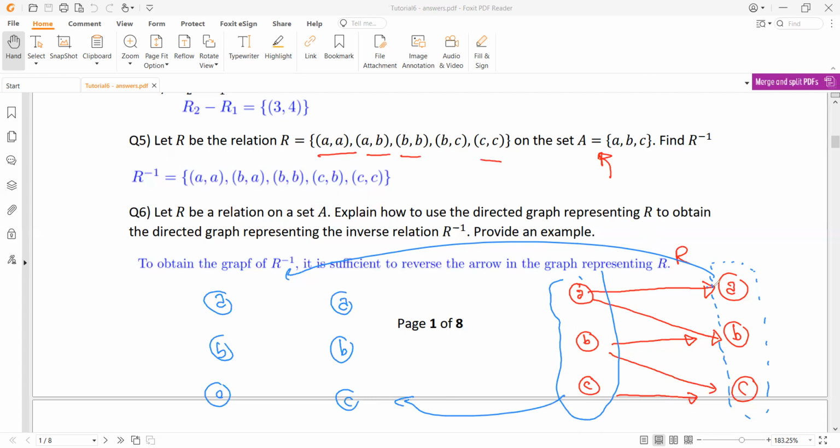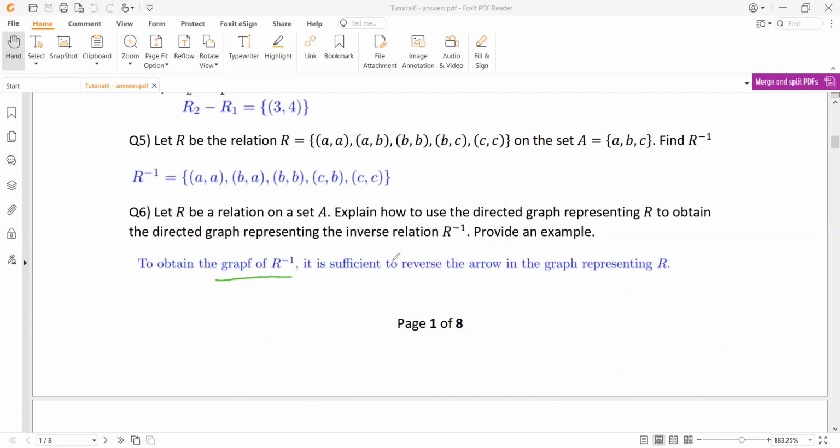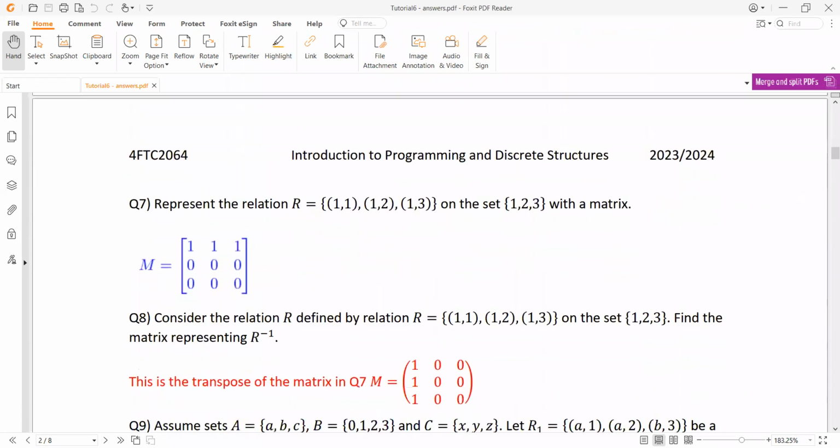So I'm going to draw an opposite arrow from A to A, from B to A, from B to B, from C to B, from C to C. So this is, Shabab, how you get the inverse relation from a directed graph representation, okay? So to obtain the graph of R inverse, it's sufficient to reverse the arrows in the graph representing R, ya Shabab, okay? This is good.